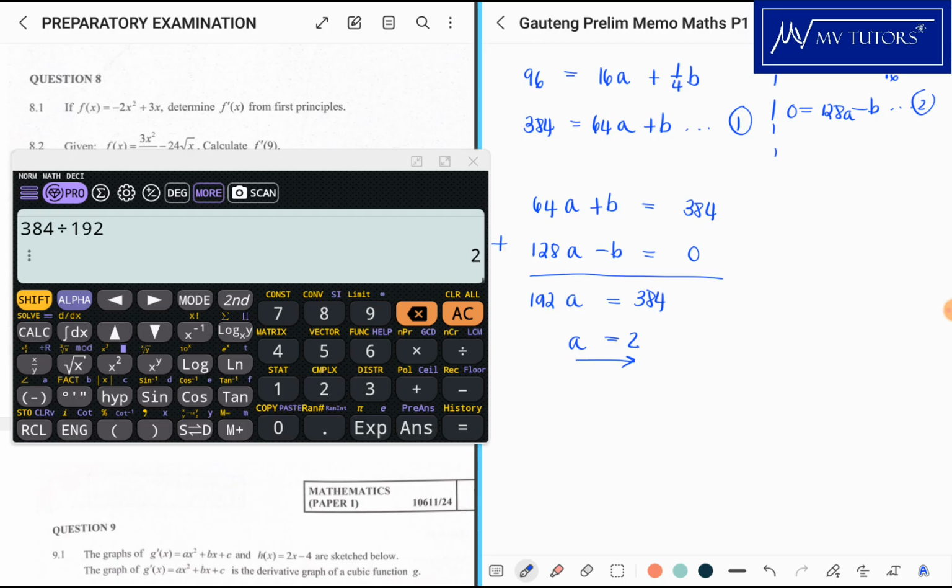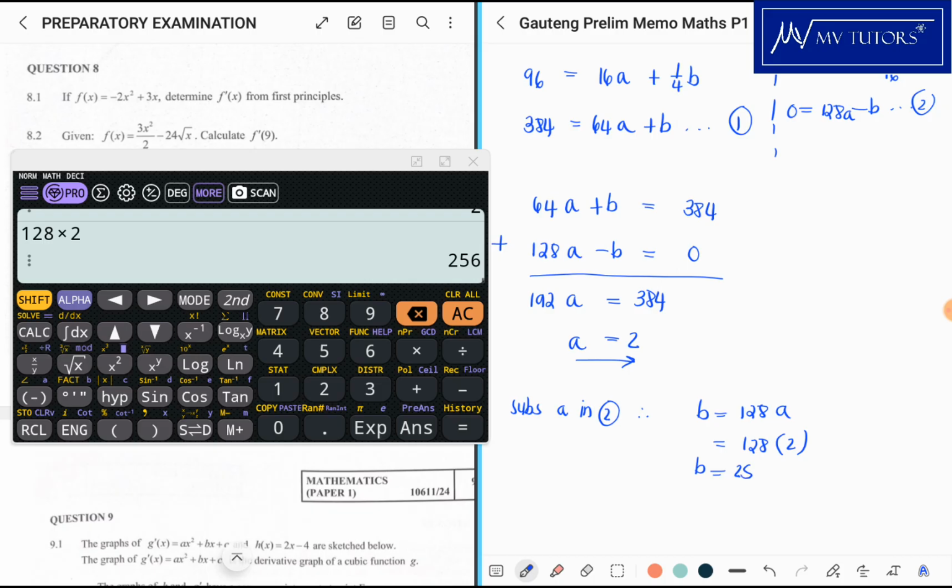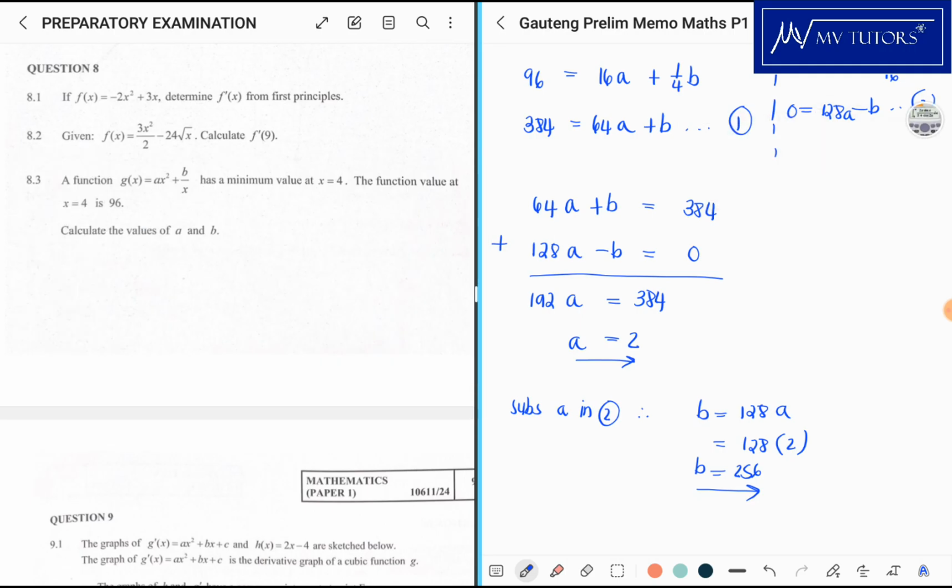I'm going to go with the second equation and substitute a is 2. So b is 128a. So 128 times 2 is 256. So I get that b is 256 while a is 2. Okay, and that is question 8, and that's that.